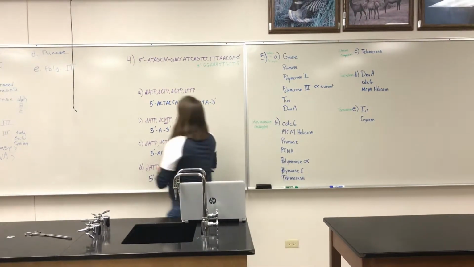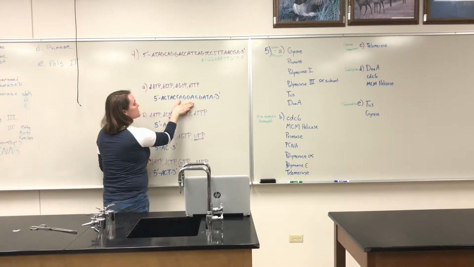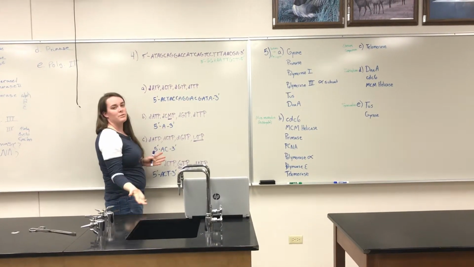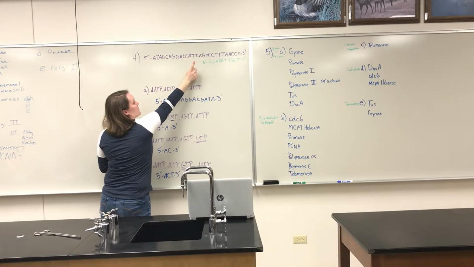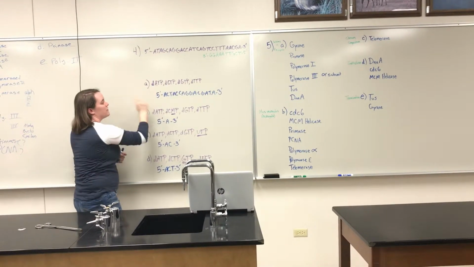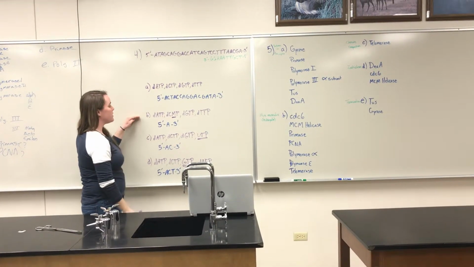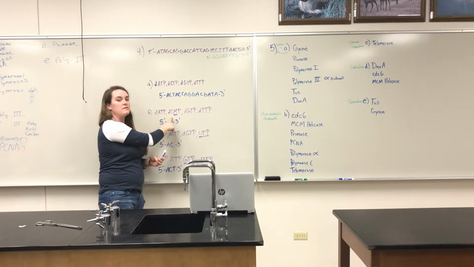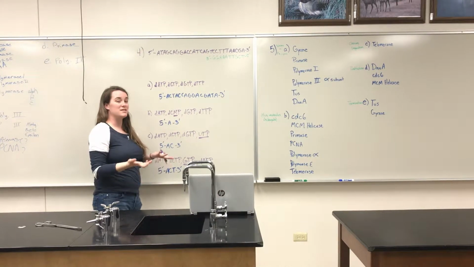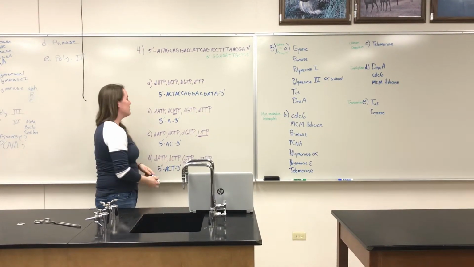Since these are all triphosphates, we'll just start at the end of our primer, and remember, we're not supposed to write the primer. So you just start here with T and go all the way down, and that's what you get. With B, our dCMP is actually a monophosphate, so we can't use that because it's technically not going to exist there.